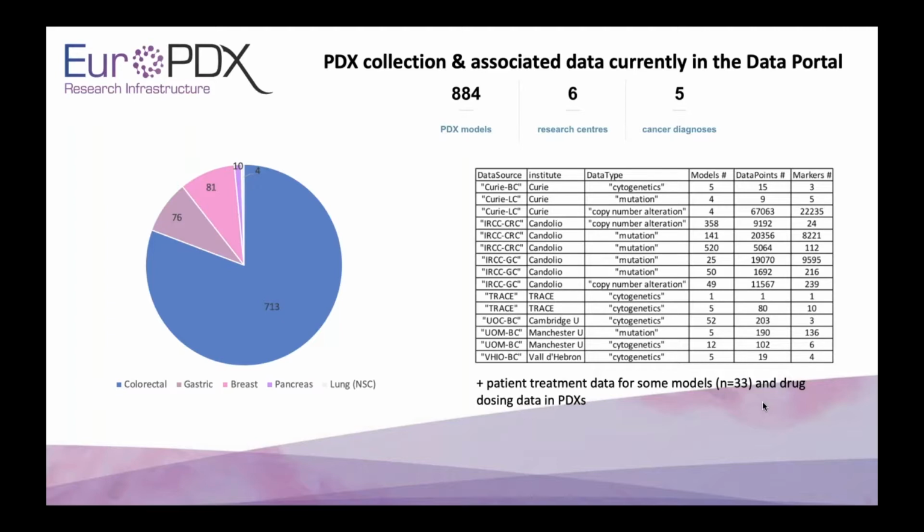There are also mutation data and copy number alteration data. We also included already patient treatment data for some of the models and drug dosing data in PDXs, in particular cetuximab treatment in the colorectal cancer models.